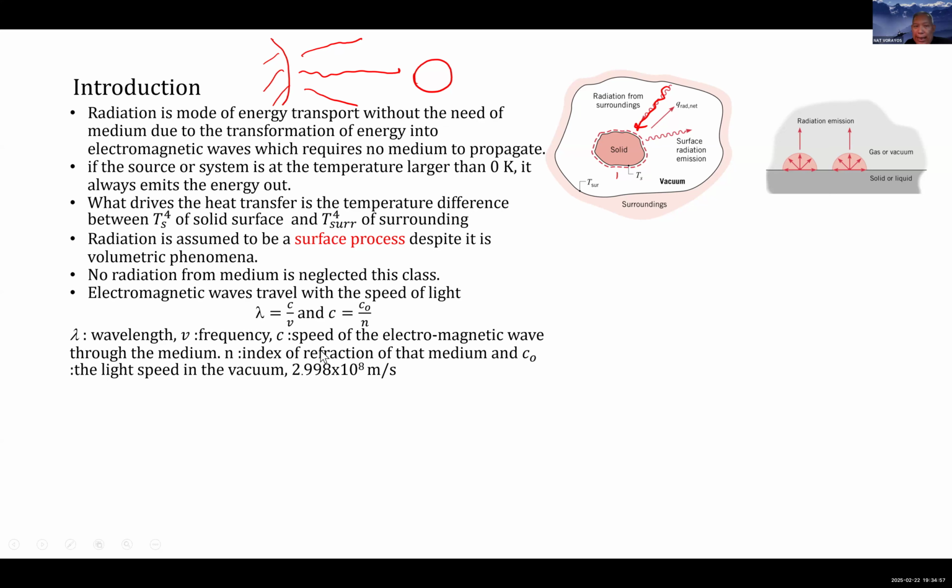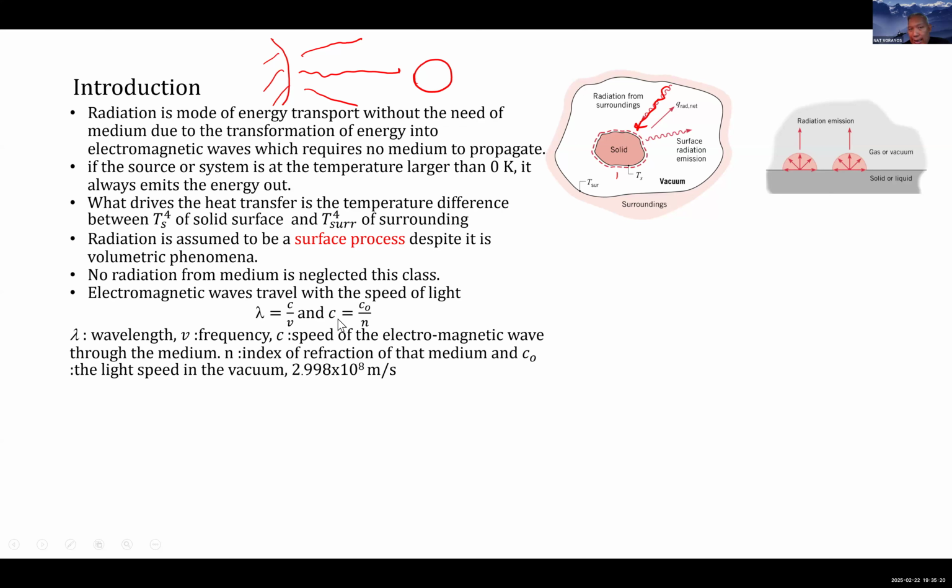Okay, and the velocity of light equal to c0. c0 is the velocity of the light through the space or through vacuum, which is approximately 3 multiplied by 10 to the 8 meter per second.